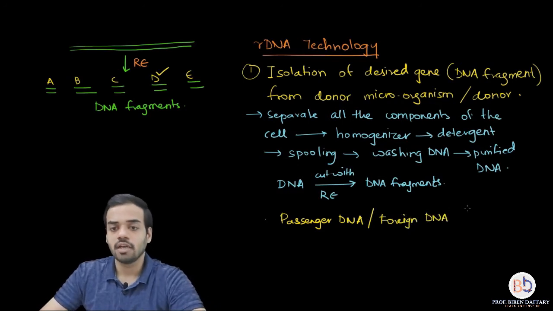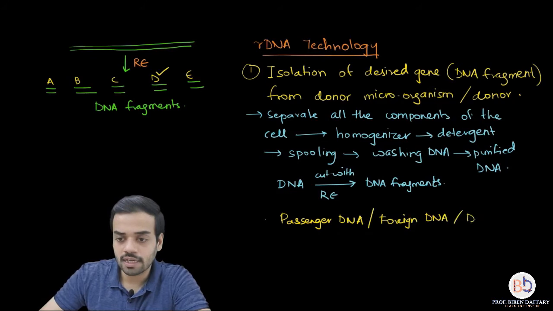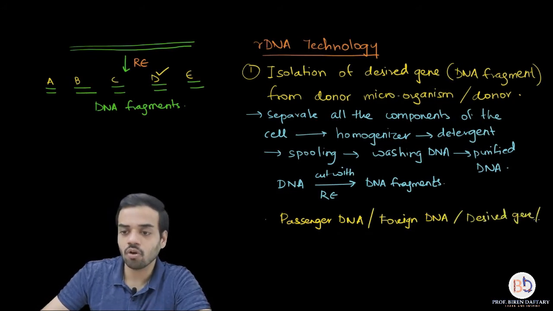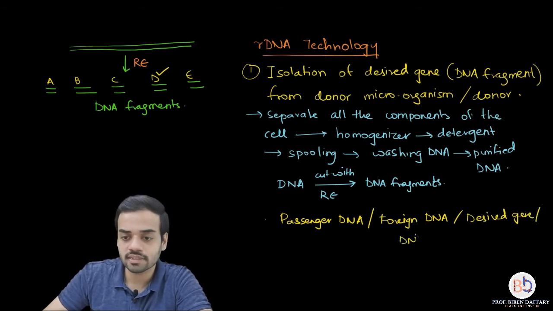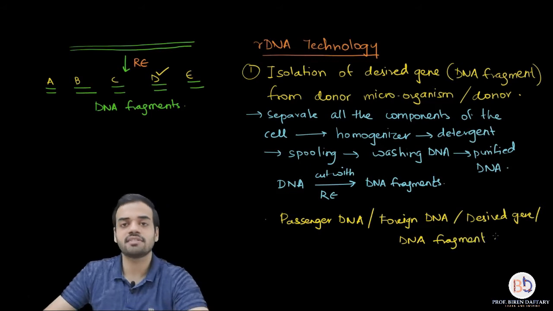It is also called the desired gene, or the DNA fragment. So all these four terms mean the same thing.